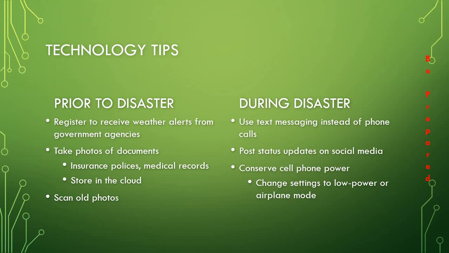During disaster, use text messaging, post status updates to social media so people know where you are, and conserve cell phone battery, change it to low power or airplane mode. Slide would end. And that's how you do that, so that you can do that as you go. So go ahead and do that, and that'll be the end of the first PowerPoint.